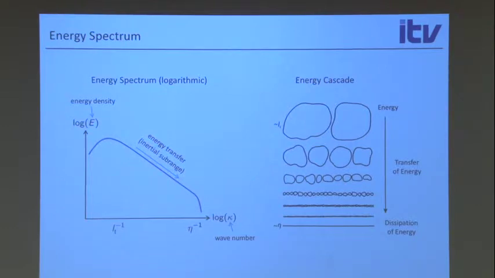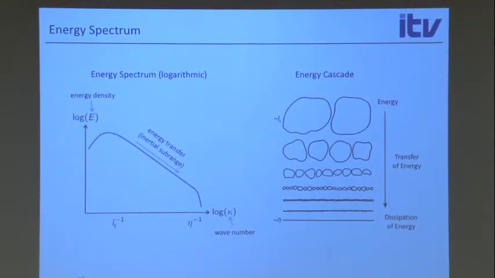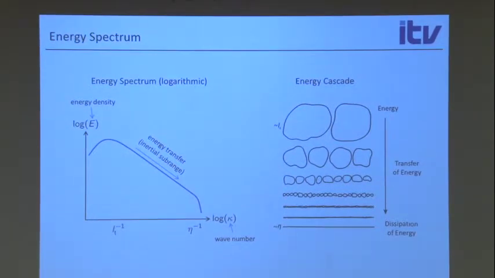It turns out, if you do a Fourier transform of this, then you get the energy of the eddies as a function of their size, or as a function of their wave number. So this shows the energy of the individual eddies as a function of the wave number. This axis is wave number, with large wave number to the right and very small wave number here at first.